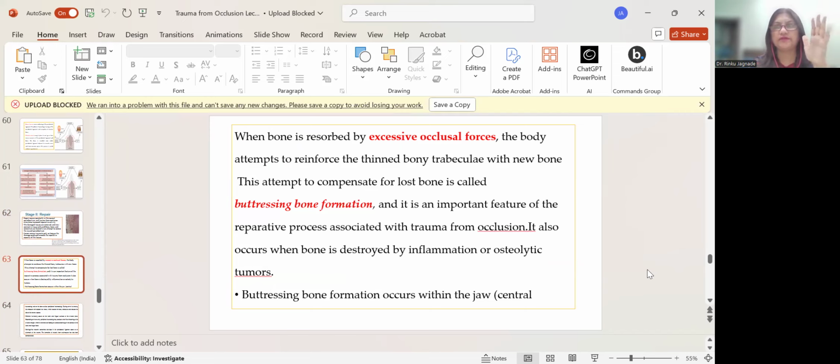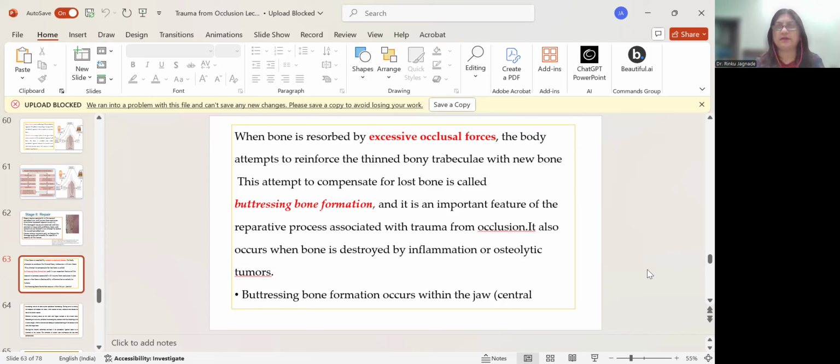So, because of the excessive occlusal forces, there occurs thinning of the bony trabeculae, and there is a formation of new bone. This attempt to compensate for the loss of bone is called buttressing bone formation. And it is an important feature of the reparative process associated with trauma from occlusion.